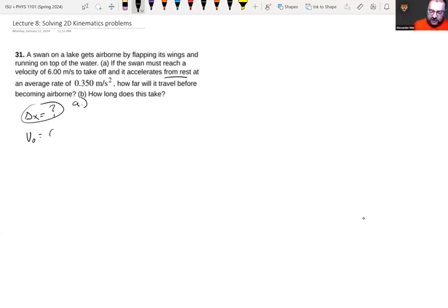That tells us that V naught is 0. V final, that's 6.00 meters per second. Then we are given the acceleration, that's 0.350 meters per second squared. And then delta T is also something we're looking for, and we're going to look for that in part B. Okay.